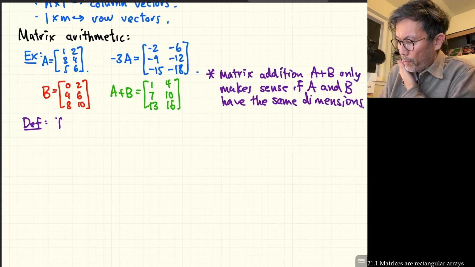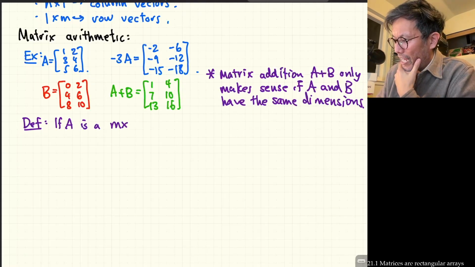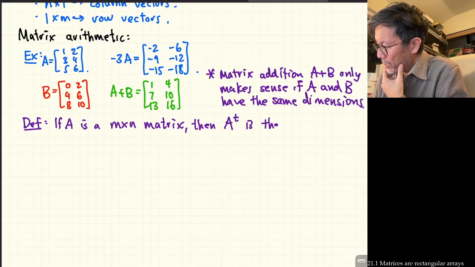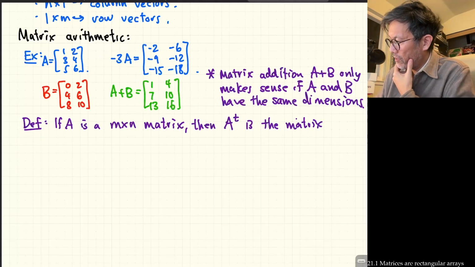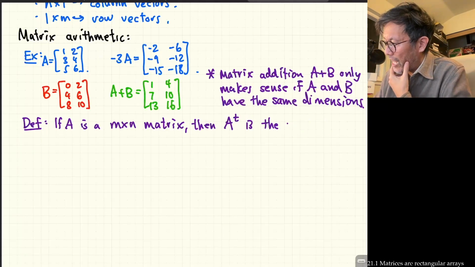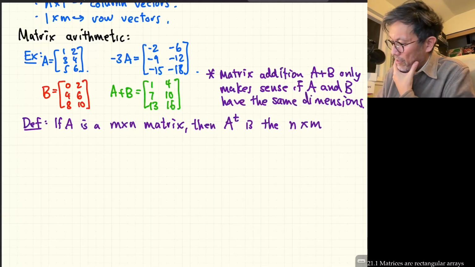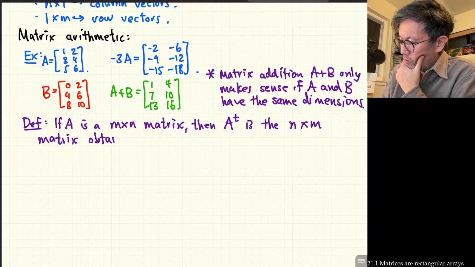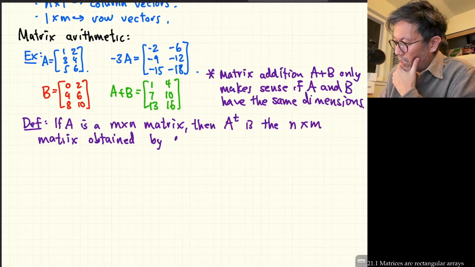So if A is, let's say, an M by N matrix, remember, this means M rows and N columns, then A transpose is the matrix, let me specify the dimensions, the N by M matrix obtained by swapping the rows and the columns.